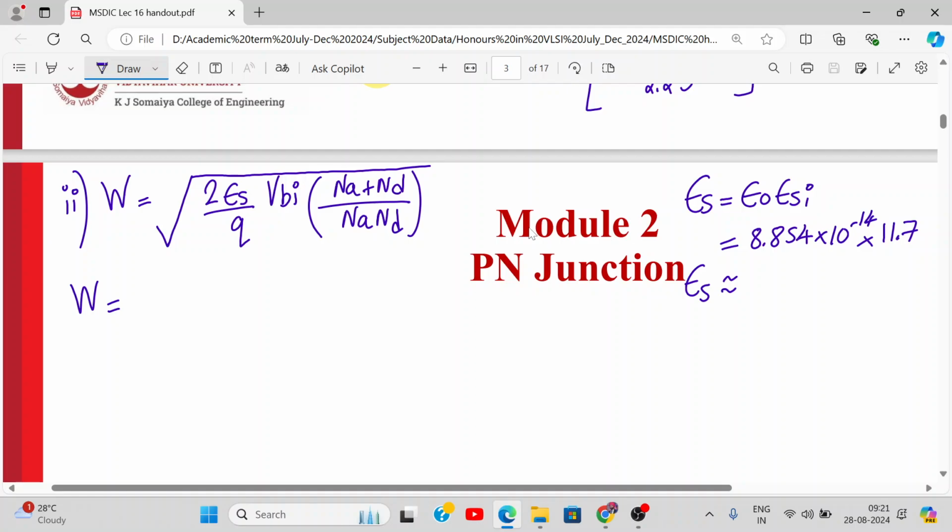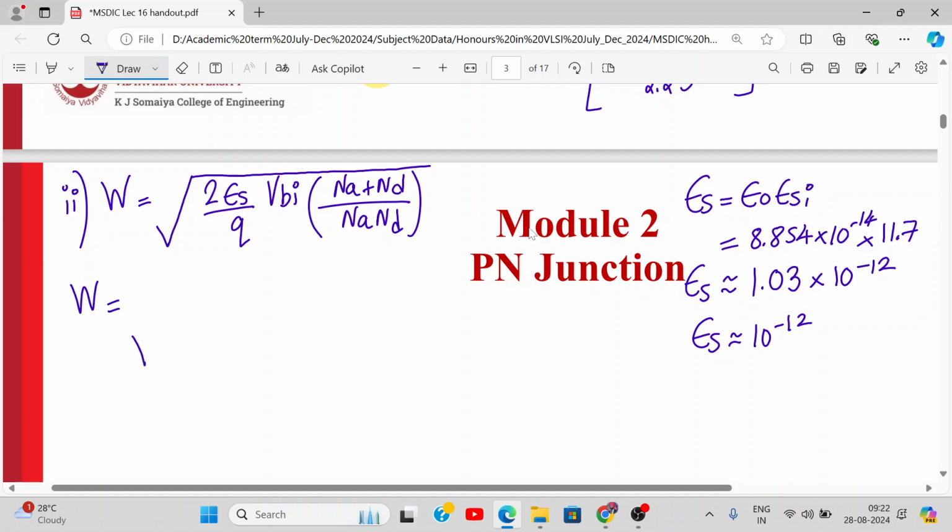It will be 10 raised to minus 12, right? So we can approximate it as 10 raised to minus 12 only.